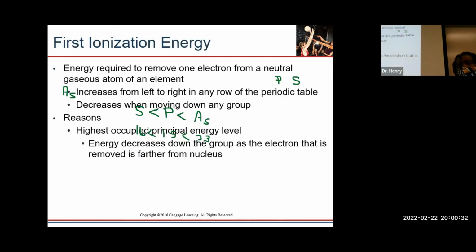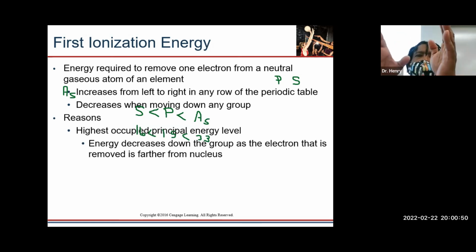Okay, first ionization energy. Ionization energy is the energy to remove a single electron from a neutral gaseous atom of an element. Okay, so what does that mean? If you kind of think about it, who are the atoms that want to lose electrons?